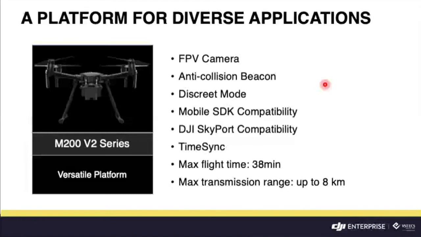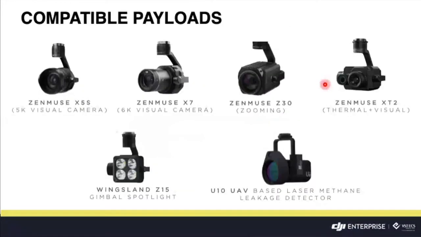So for its main specifications also, it has a maximum flight time of 38 minutes and a maximum transmission range of up to 8 kilometers. Again, depending on your application or field of industry, for example, you are using this for mapping, we highly recommend you to mount a Zenmuse X5S or a Zenmuse X7 visual camera.